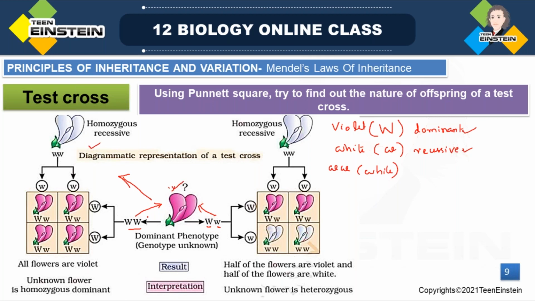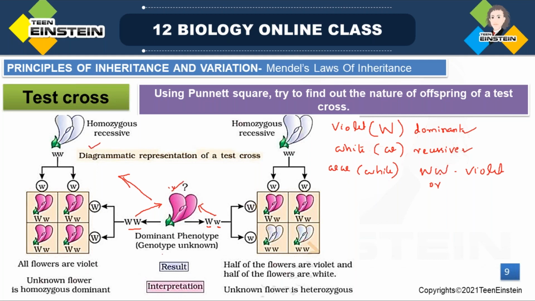So we need to determine which one we have. The unknown genotype may be capital W capital W, or capital W small w. So the genotype is unknown, right? We have two chances. Either it may be capital W capital W, the homozygous dominant condition, which forms violet, where both alleles are the same, both dominant.